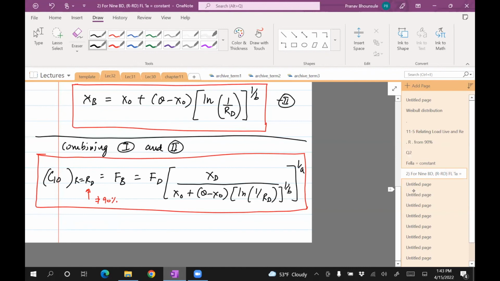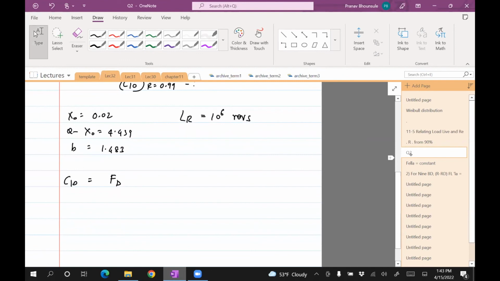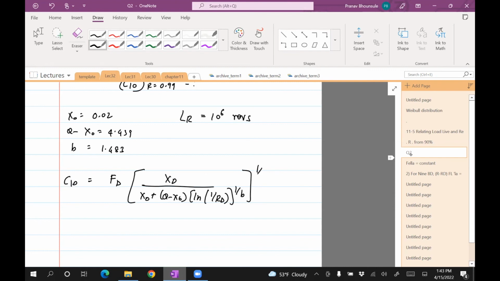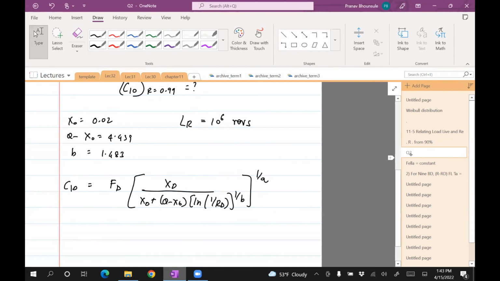This is essentially what I'm going to write: FD times XD over x0 plus theta minus x0 natural log 1 divided by R to the power 1 over b, sorry, and then this whole thing is raised to 1 over a. Now this is a ball bearing, so I'll just assume a is 3.